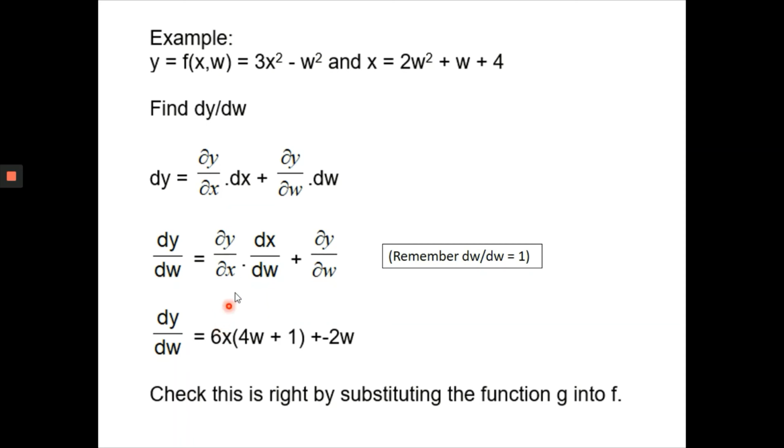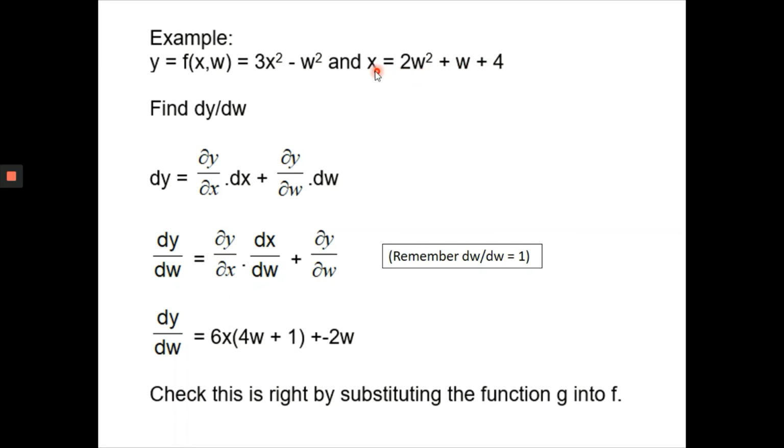All right. Our next step, we need to find the derivative of x with respect to w. All right. So to work this out here, we need to work with this function here. x is a function of w. All right.